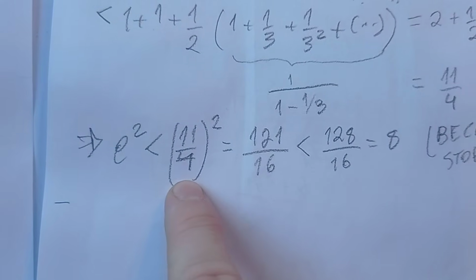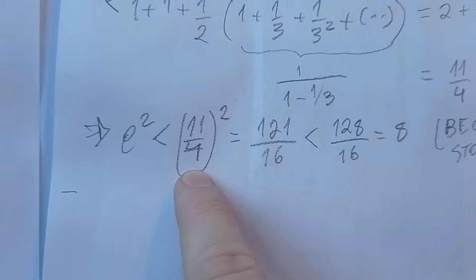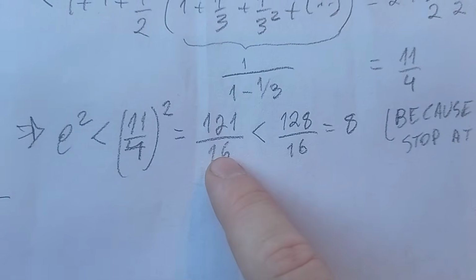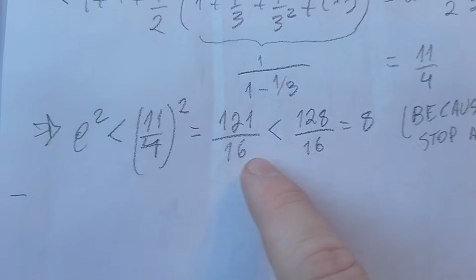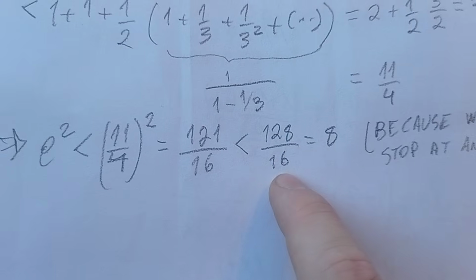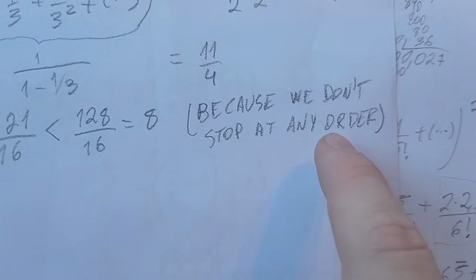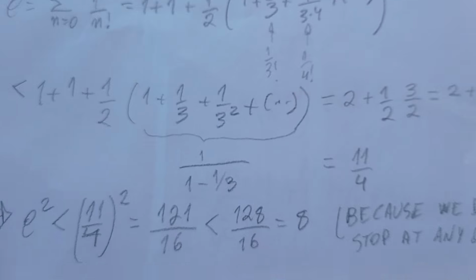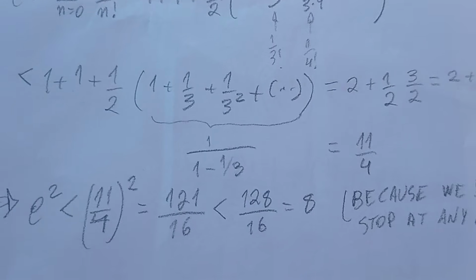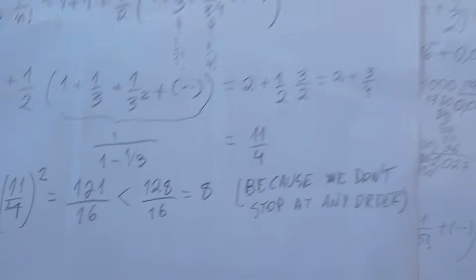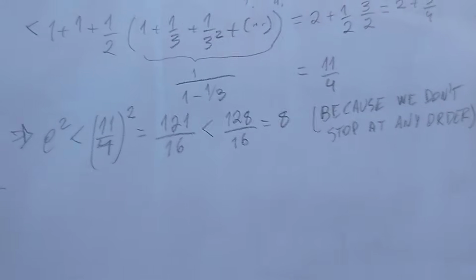So e squared is smaller than 11 divided by 4 squared, which is 121 divided by 16, which is smaller than 128 divided by 16, which is equal to 8, because we don't ignore any order when we do the math using the geometric progression. This is the slightly less dumb way.